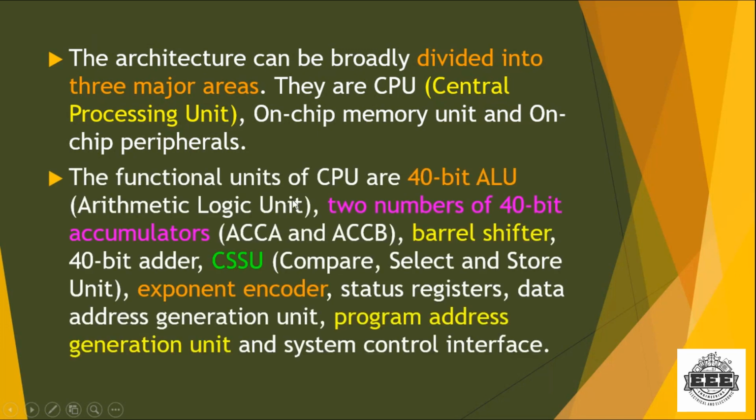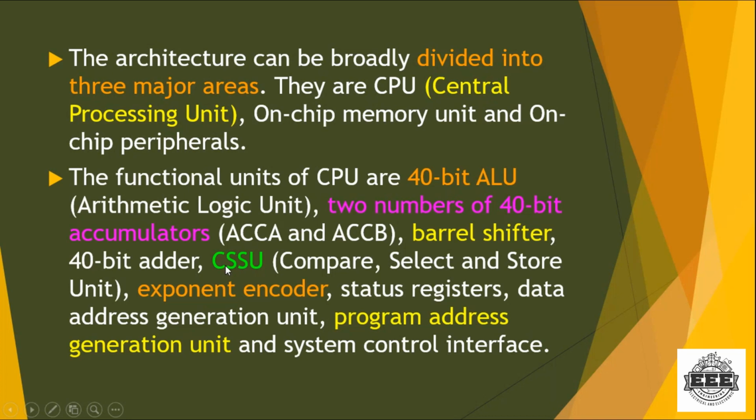The functional units of the CPU are a 40-bit arithmetic logical unit and two 40-bit accumulators, that is accumulator A and accumulator B. Then a barrel shifter, a 40-bit adder and a CSSU. CSSU means compare, select, store unit.